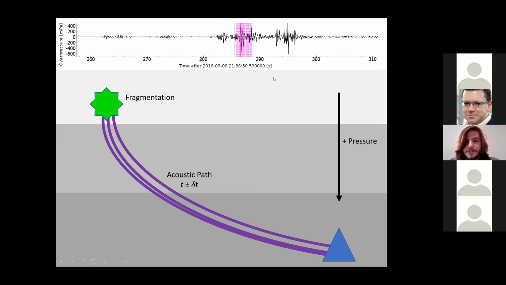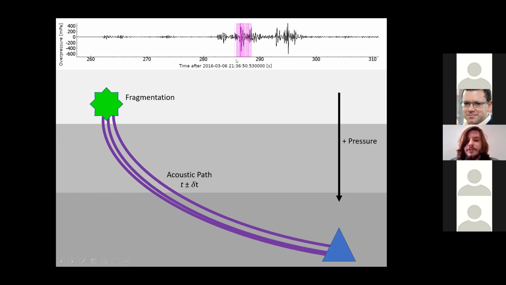Up here, I've shown the sample waveform, and then I've used a sample fragmentation along the trajectory at about 32 kilometers in height. This dark pink line shows the expected arrival of the acoustic waves from the fragmentation given the nominal atmosphere, and these dashed pink lines around it represent the arrivals in the perturbed atmospheres.